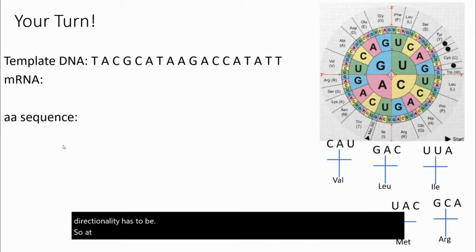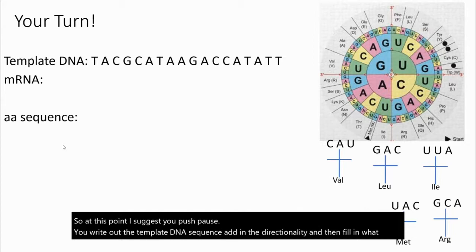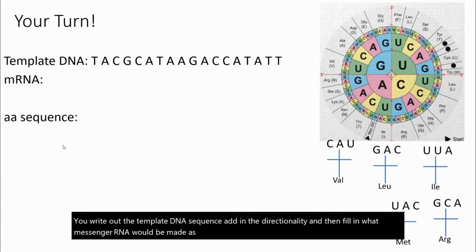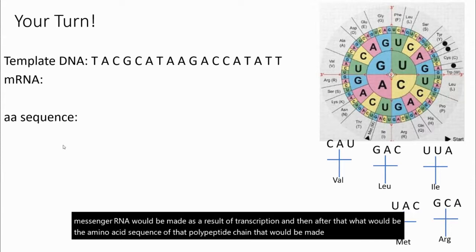At this point, I suggest you push pause, write out the template DNA sequence, add in the directionality, and then fill in what messenger RNA would be made as a result of transcription. After that, what would be the amino acid sequence of the polypeptide chain that would be made during translation?